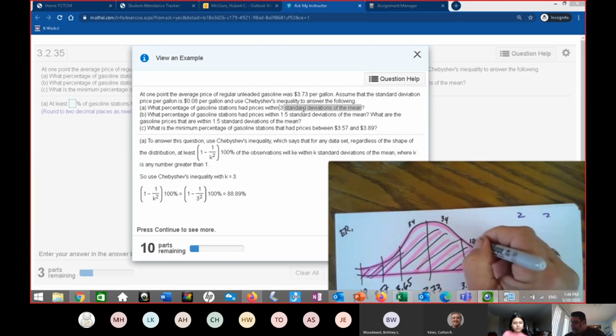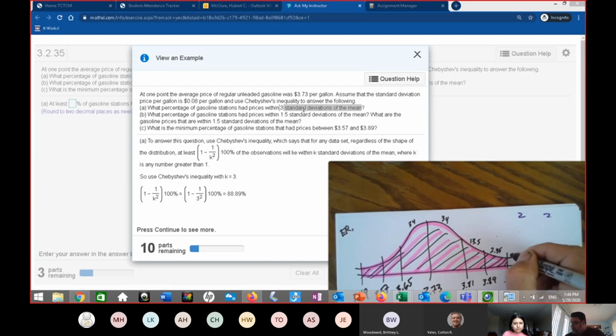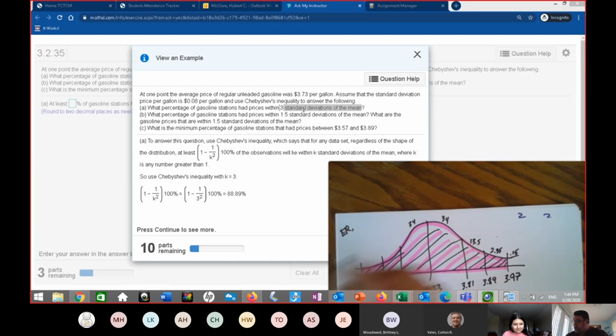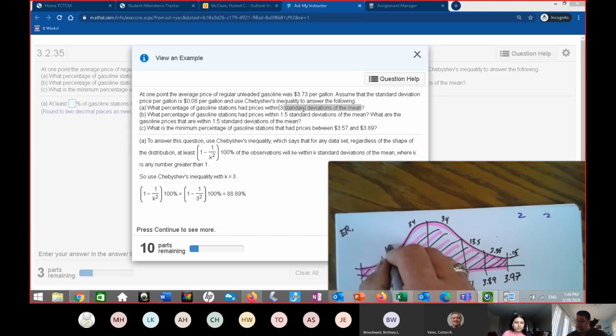34, 13.5, 2.35, and 0.15. 13.5, 2.35, and 0.15.